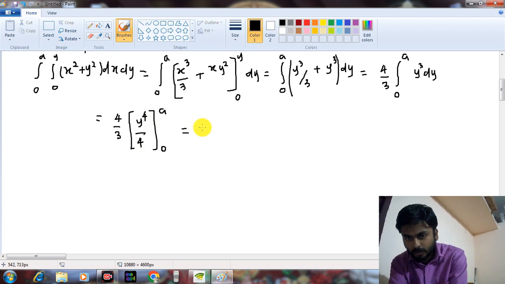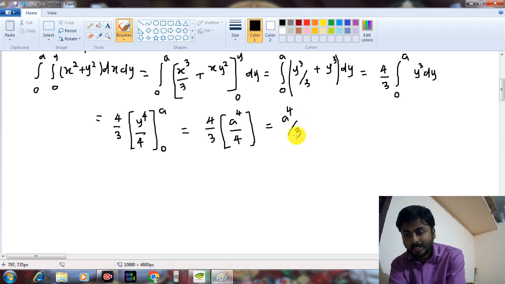That is equal to 4 divided by 3 of a power 4 divided by 4. So the 4 and 4 will get cancelled, and finally we will get a power 4 divided by 3. This is the final result.